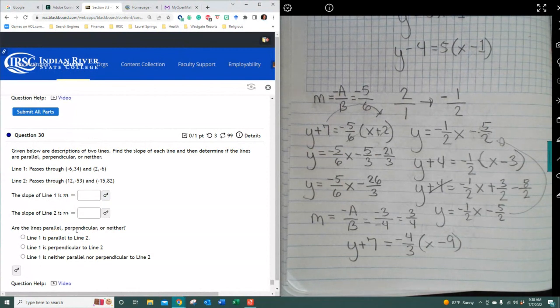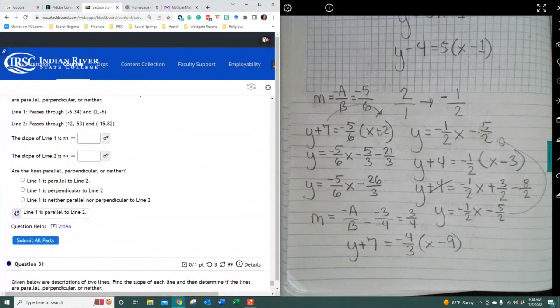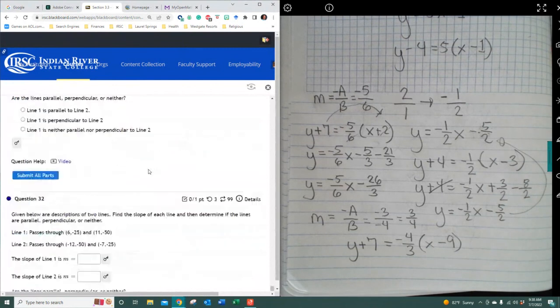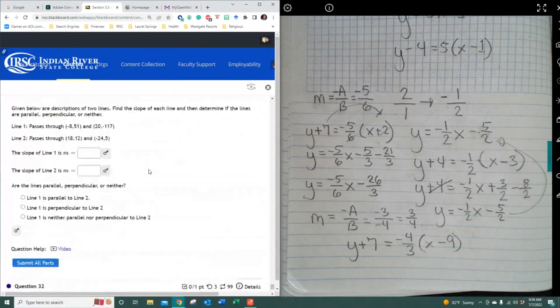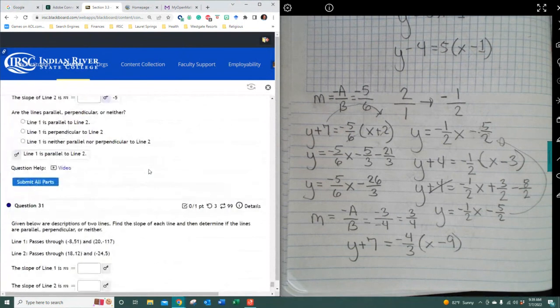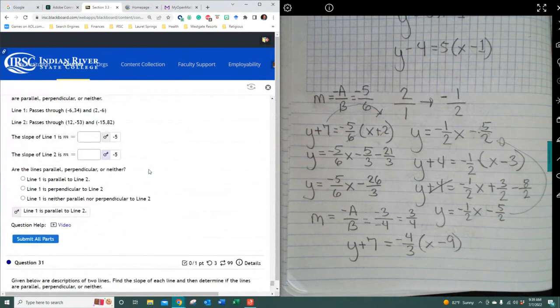If it's the same, it's parallel. If it's opposite reciprocal, it's perpendicular. If it's neither of those two things, then it's neither. The answer in this case is the lines are parallel to one another because they're the same. That's all they're asking you to do. It's just find the slopes and compare them.